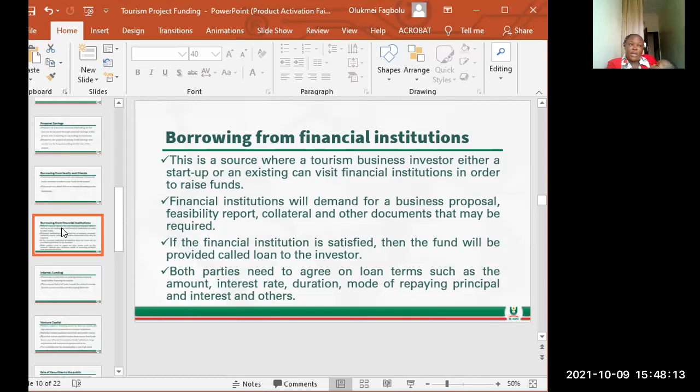They want to see how bankable or how profitable that business will be. If they study your business proposal and they realize that this business is really going to sell, the profit margin is so high, and in fact, it's going to make it.